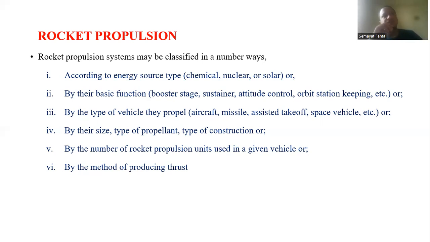Otherwise, how can you achieve, for example, escape velocity? At what speed should it fly? For example, to fly at 0.8 kilometers per second, at what Mach number do you have to fly? It has to be gravity escape velocity, because we have to overcome gravity, so we must fly faster than that. To achieve that, we need high Mach number or high speed.